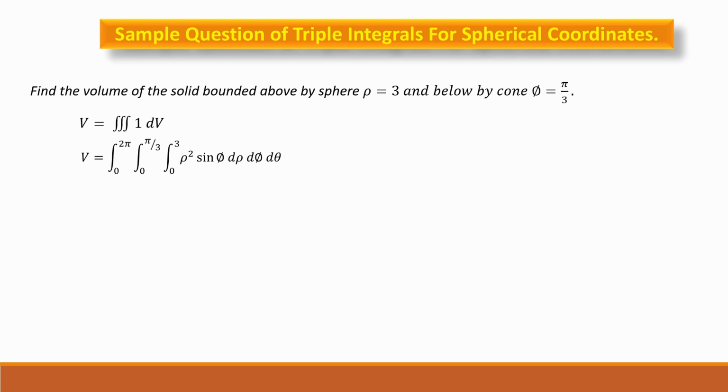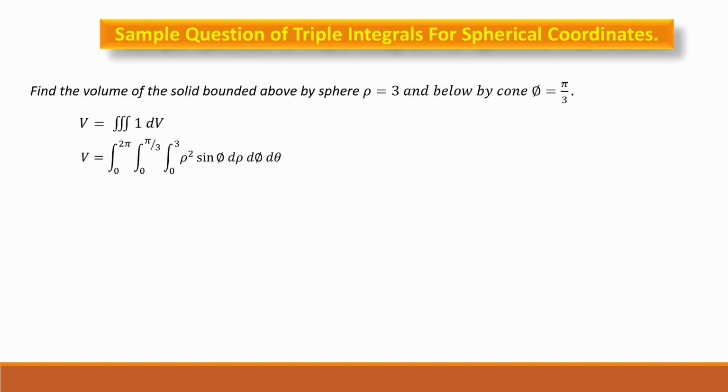For the rho limit, it is from 0 until 3, since rho is equal to 3. For the phi limit, from 0 until pi over 3, since phi is equal to pi over 3. And for the theta limit, it is from 0 until 2 pi, since this is a sphere.